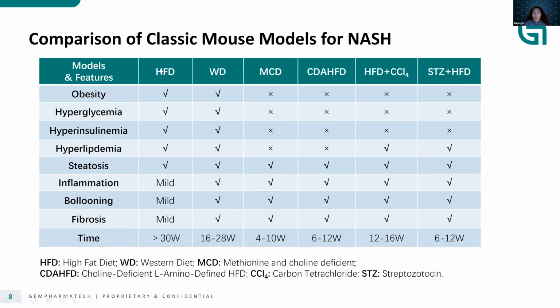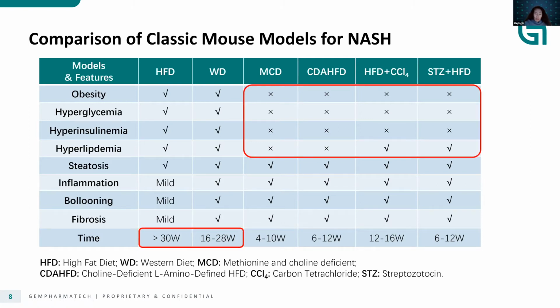And then the high-fat diet and Western diet treated animals, they do have the metabolic dysfunction, and they're showing mild or appropriate liver histopathology, but at the same time, the timeline of the model where the disease progression happens is so long, it is not really suitable for today's drug development requirements.